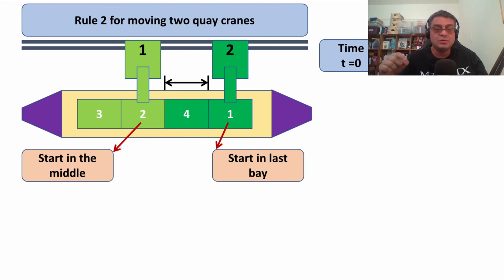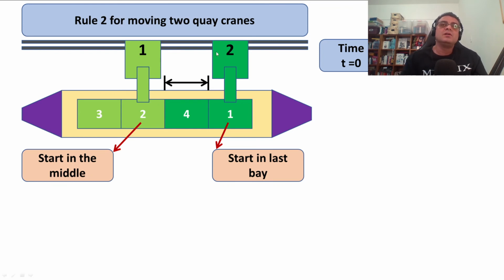There is an article that proves that using the same direction for all quay cranes, we can still get the optimal solution for this problem. Not we, but someone published an article that proved this mathematically.